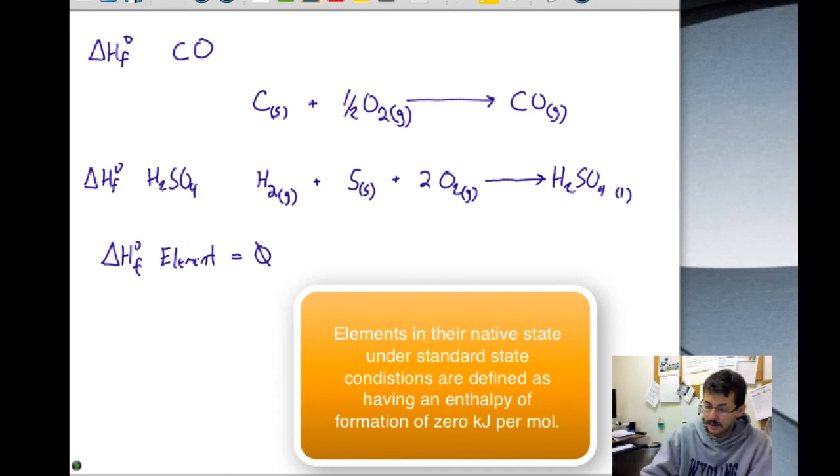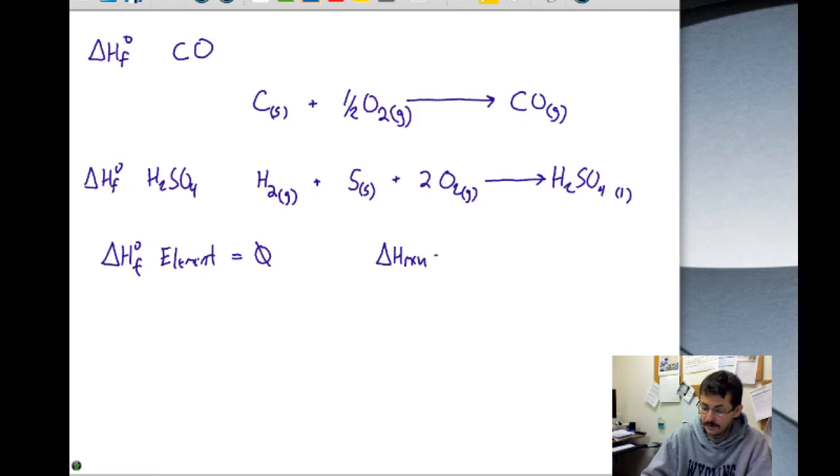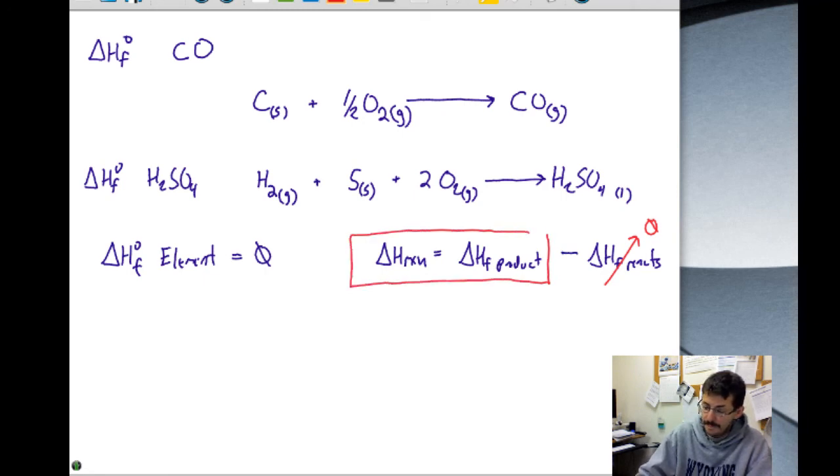And so when you do the delta H of these reactions, where you have the delta H formation of the products minus the delta H formation of the reactants, this value drops out. And so you're just left with the enthalpy of formation of the products.